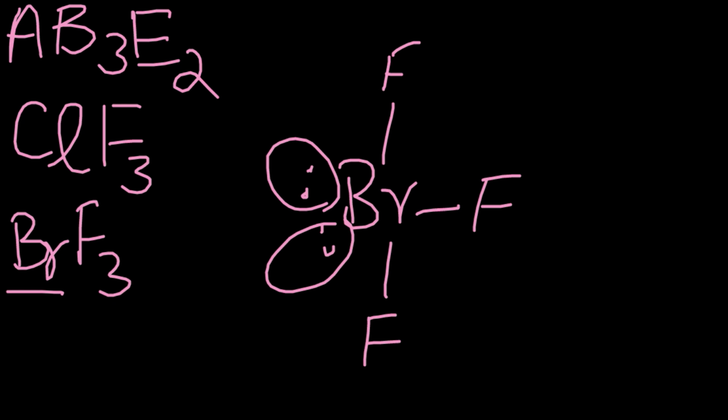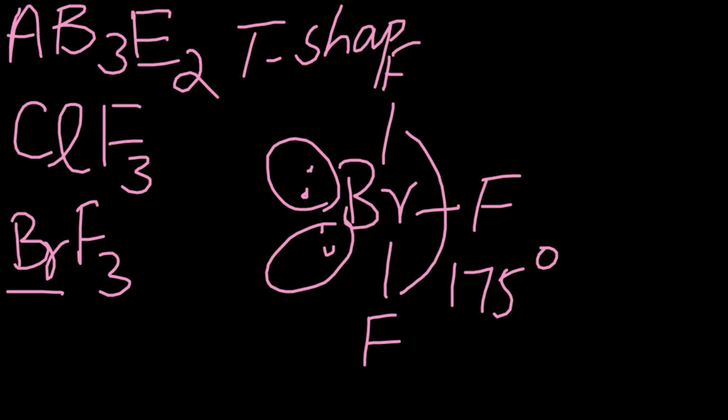The angle between the two axial fluorines is 175 degrees, less than 180 degrees because of the presence of lone pairs. The geometry of AB3 type molecules is T-shaped. You have to practice the geometry of ClF3 by yourself.